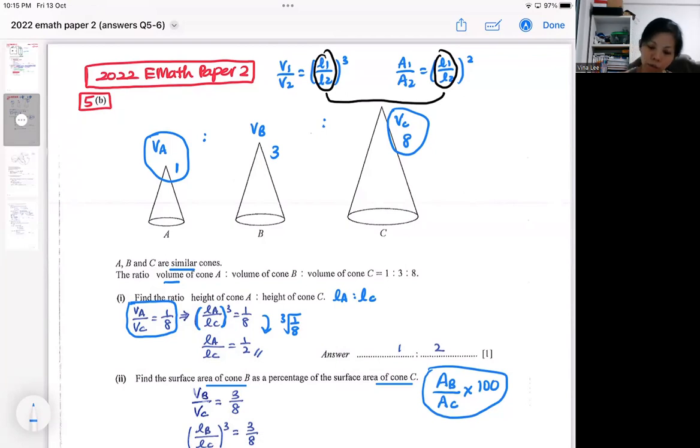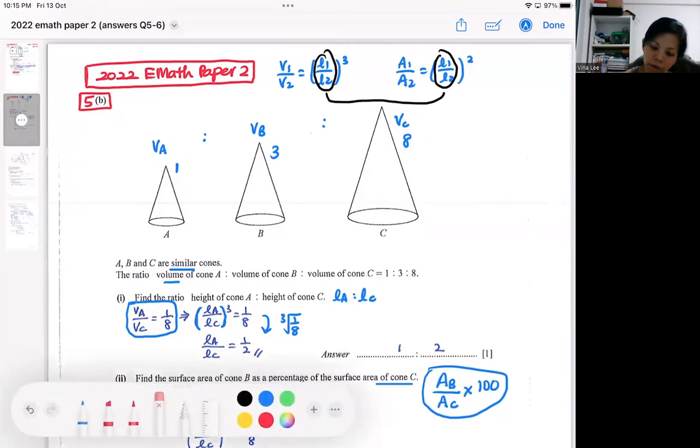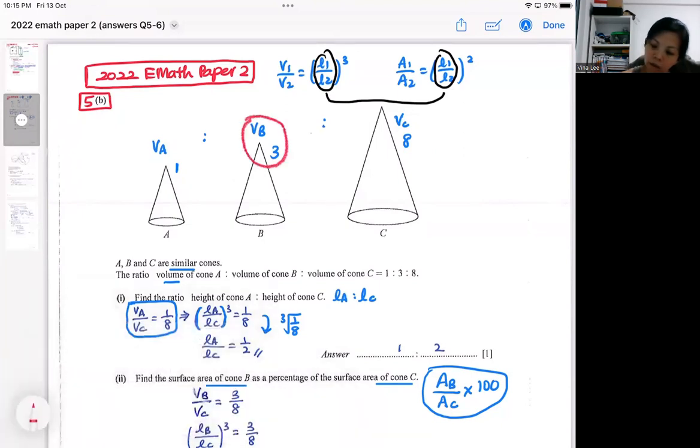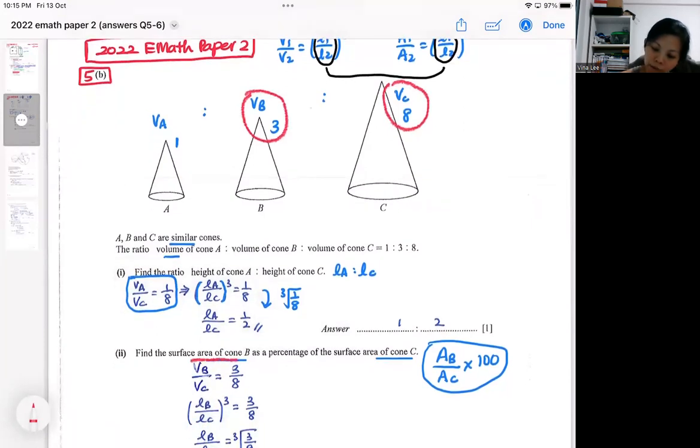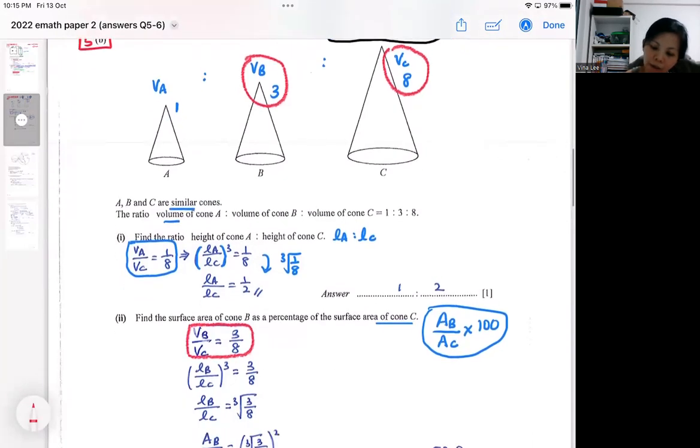So I'm going to make use of the volume ratio first, the volume of B and the volume of C, so that I can find my length ratio.